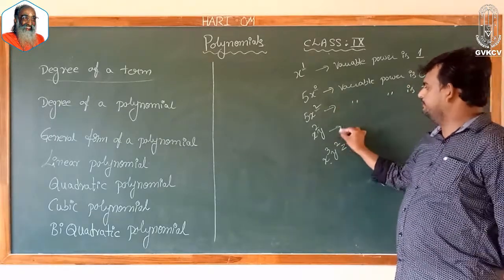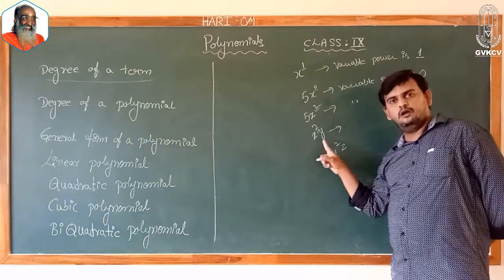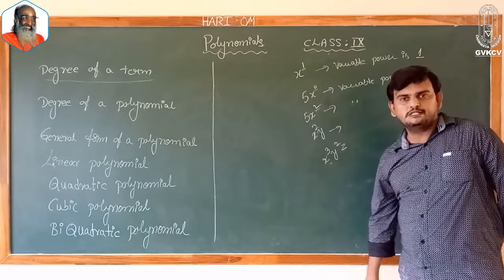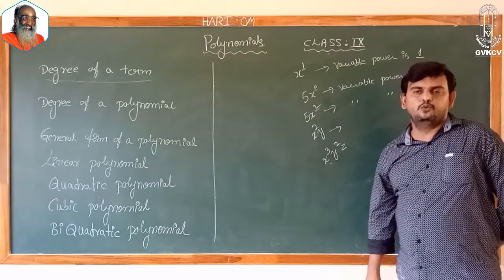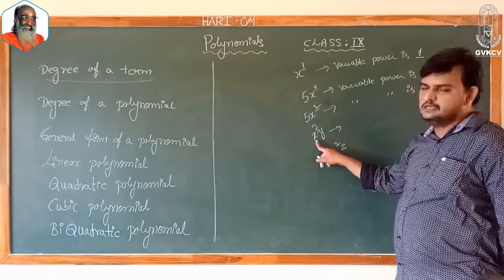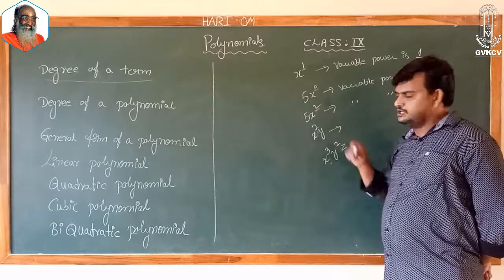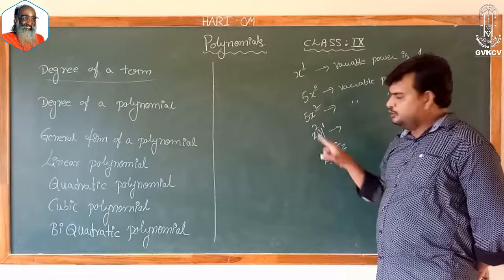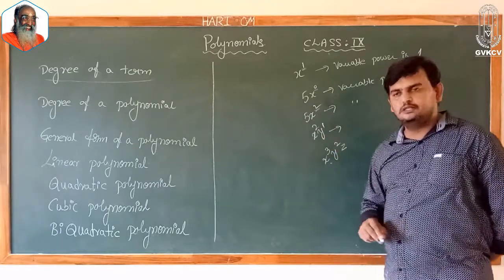Now coming to here, x is a variable and y is a variable. We have two variables here. How to consider? Don't worry. Here x is a variable and its power is 2, y is a variable and its power is 1. 2 plus 1 is how much? 3.